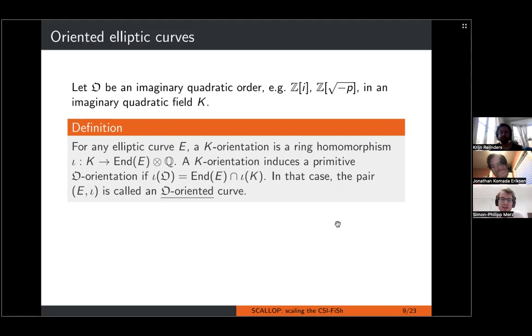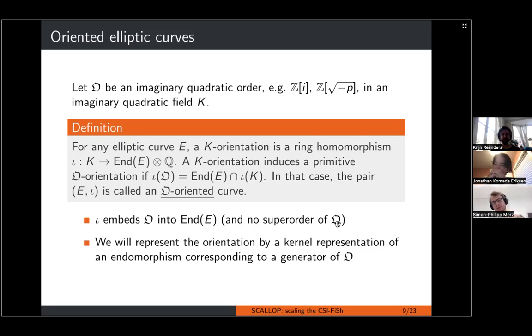That means this homomorphism embeds this imaginary quadratic order directly into the endomorphism ring of the curve, and it's the largest such imaginary quadratic order that gets embedded. And then we call the pair of the curve together with this ring homomorphism an oriented curve. So you can just think of it as a function that embeds your imaginary quadratic order into the endomorphism ring.